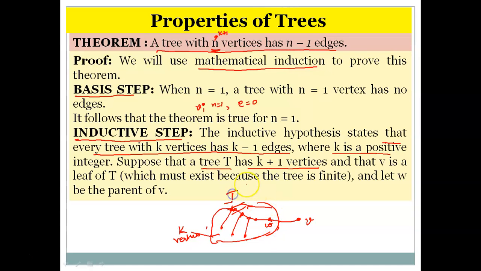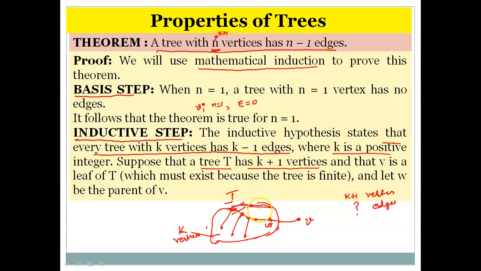Now you can see the whole tree consists of k plus 1 vertices, and I want to calculate the number of edges. Edges I don't know right now, but let us see. By the inductive hypothesis, the part I have encircled here consists of k vertices, and a tree of k vertices has k minus 1 edges.